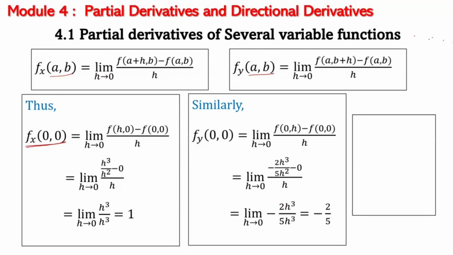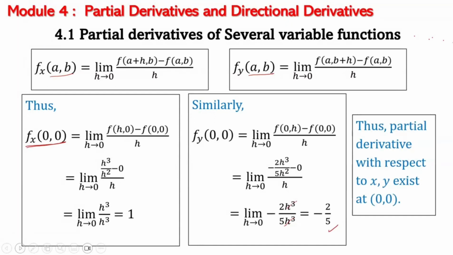If you simplify it, you get minus 2h^3 over 5h^3. So h^3 cancels out, and it will be minus 2 over 5. So finally we have the conclusion that the partial derivatives with respect to x and y exist at (0, 0).